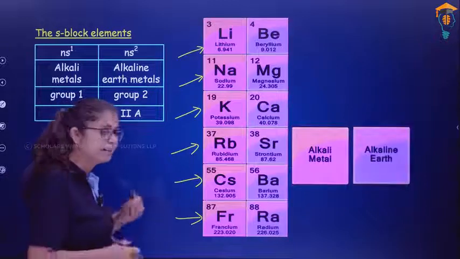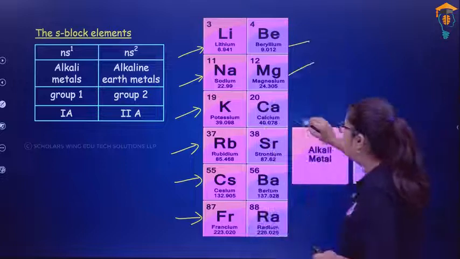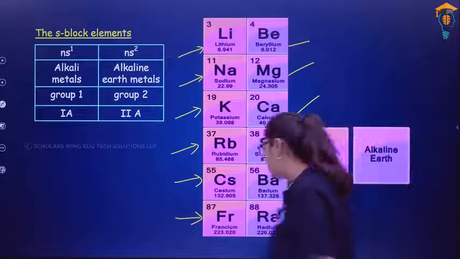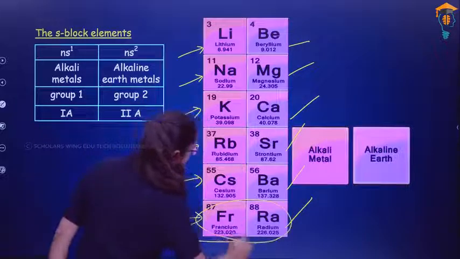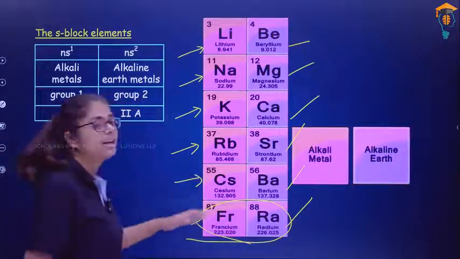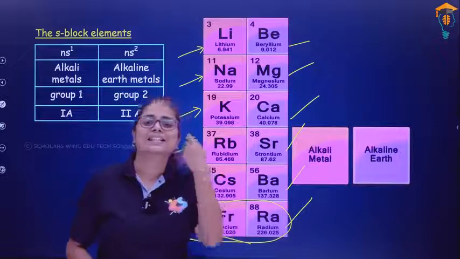Now next, the second family, we have beryllium, magnesium, calcium, strontium, barium and radium. And these two that you see, francium and radium, are radioactive elements. Okay, these two are radioactive metals. This family is called alkaline earth metals.